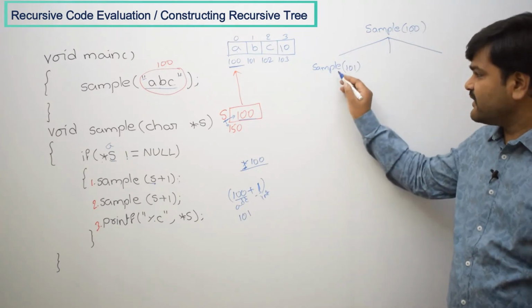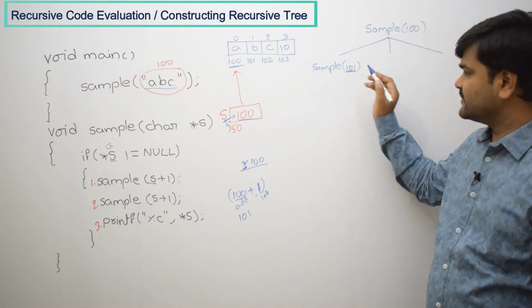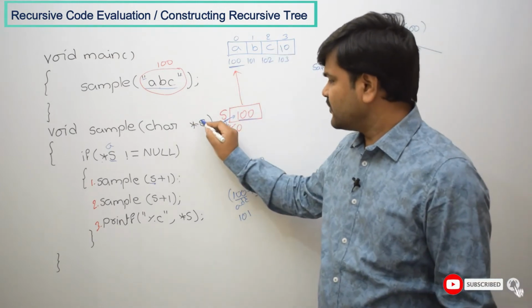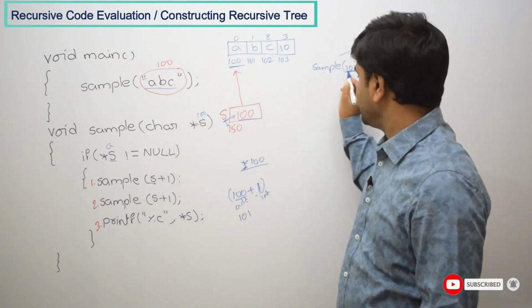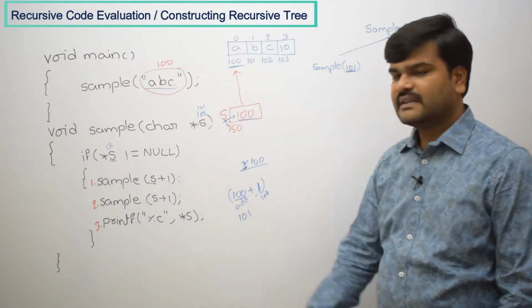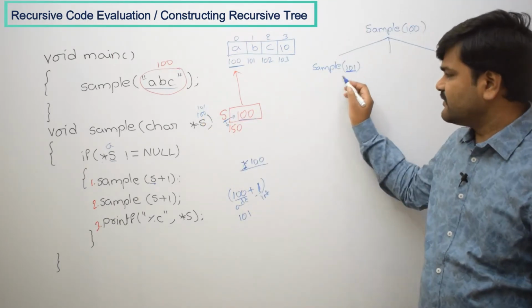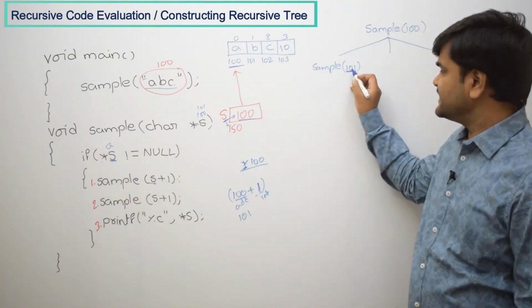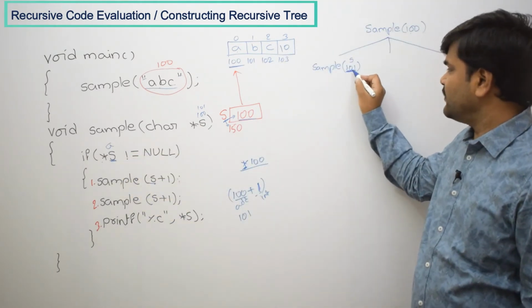Now this is again a function call with a new value, 101. Earlier it was 100, now it is 101. So with 101, again the function call, star S. In this function call, what is the S value? 101.